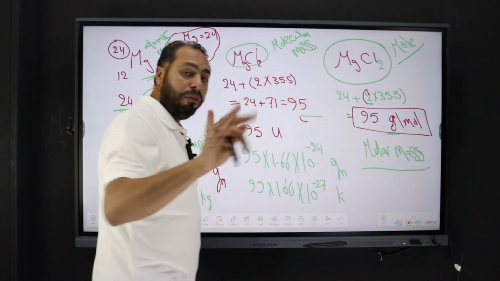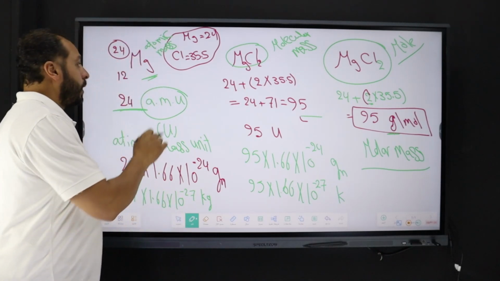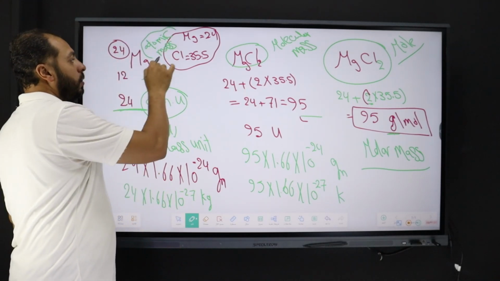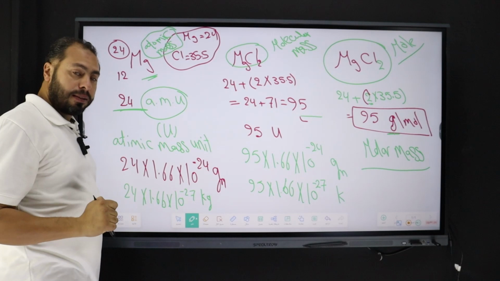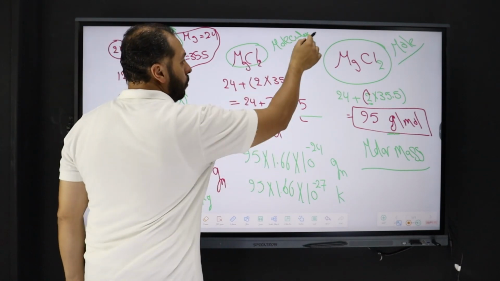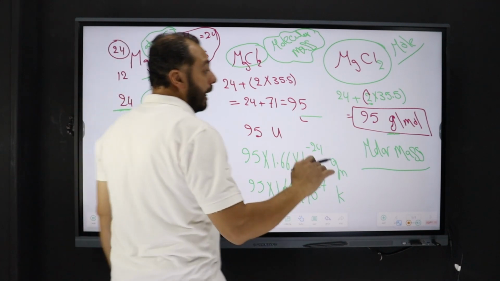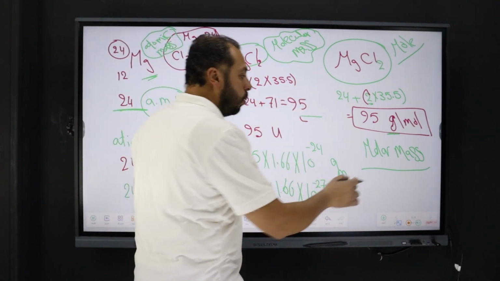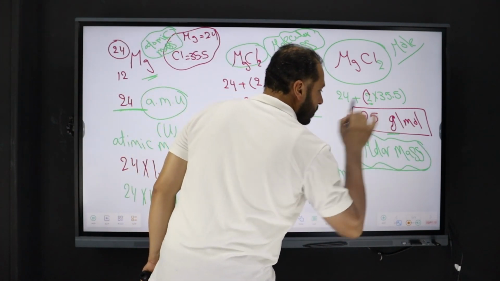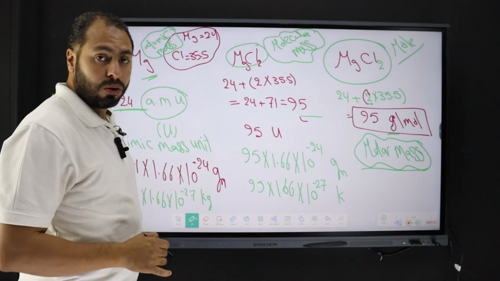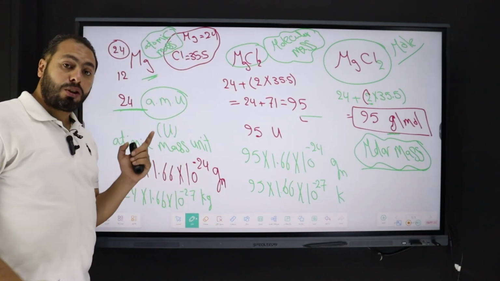So we have 3 types of masses here. The mass of 1 atom, known as atomic mass. The mass of 1 molecule, known as molecular mass. And the mass of 1 mole, known as molar mass. So what is the measuring unit of each one of them?